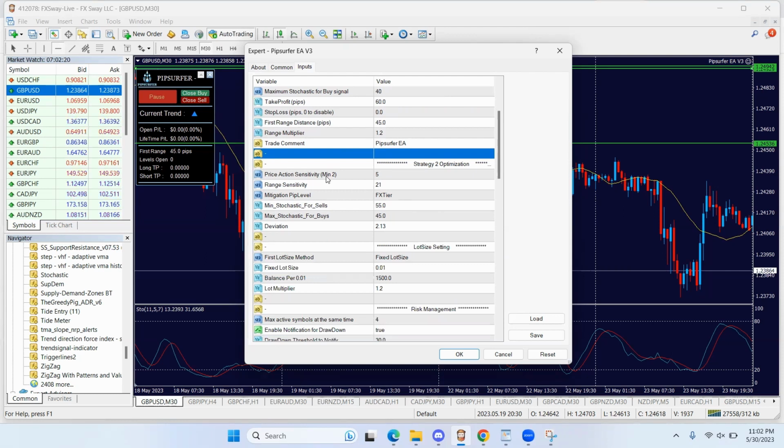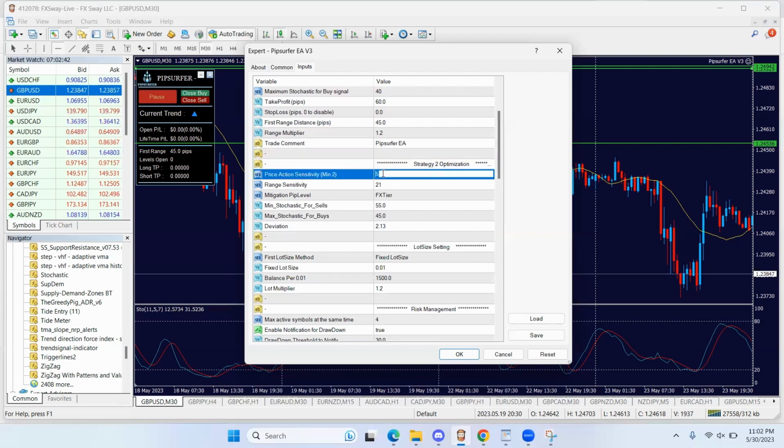So for people that are new to trading, that just basically means it's going to look more at price over indicators or indicator readings. So the sensitivity level is going to allow for how much it's going to pay attention to.